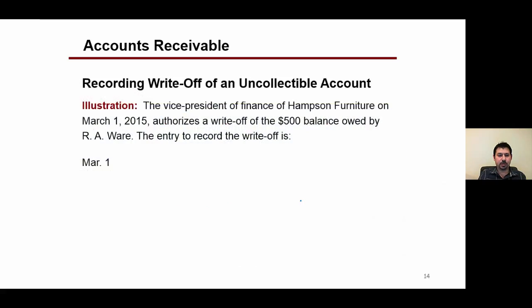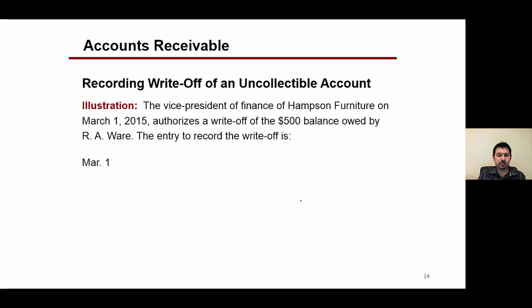Now, when the company decides to write off a non-collectible account, this is when the company has lost all hope of collecting the money. Usually companies, for example, contact the customer several times, they send them notes, etc. If they lose any hope of customers paying back, the company will write off the account.